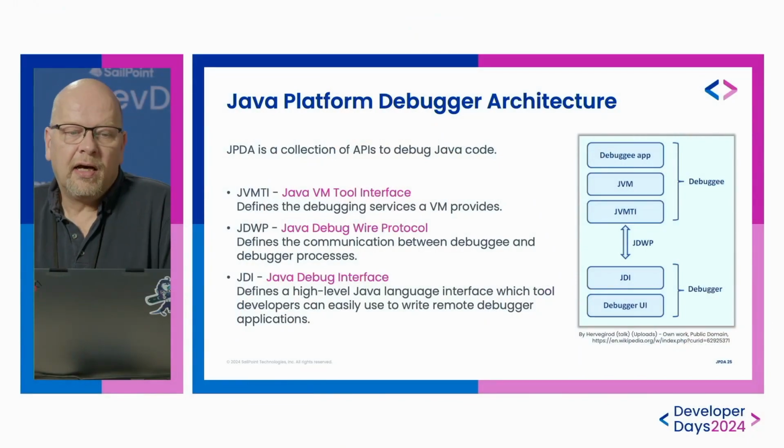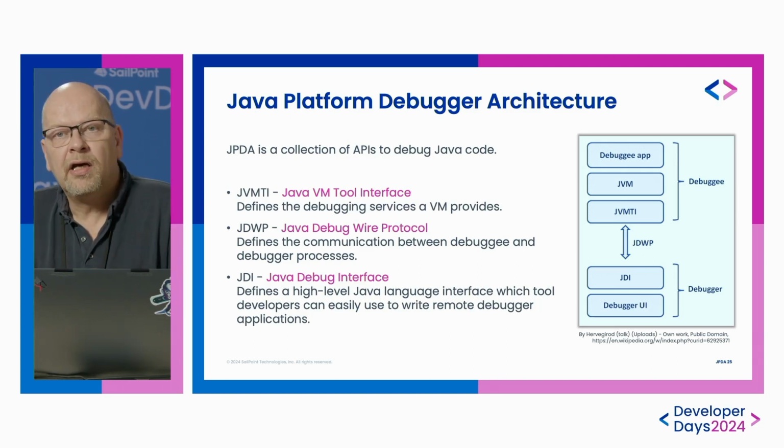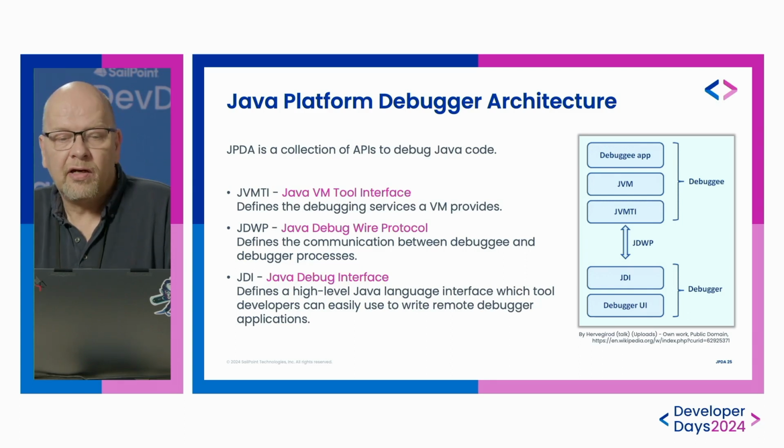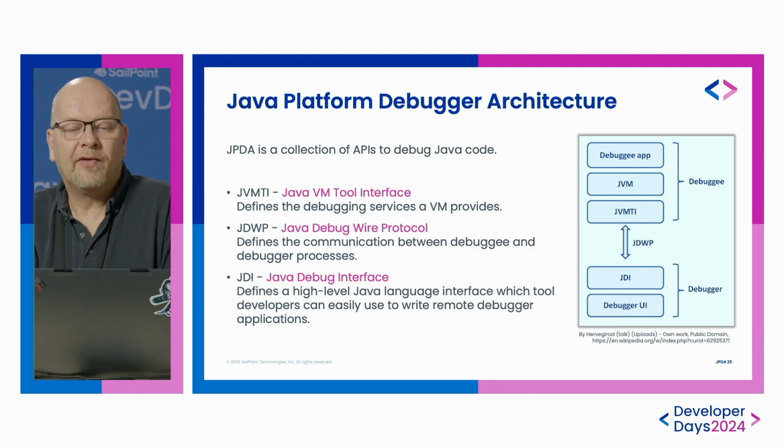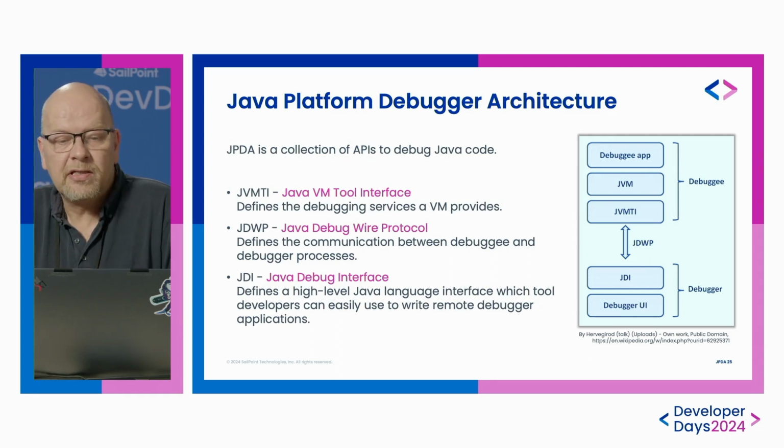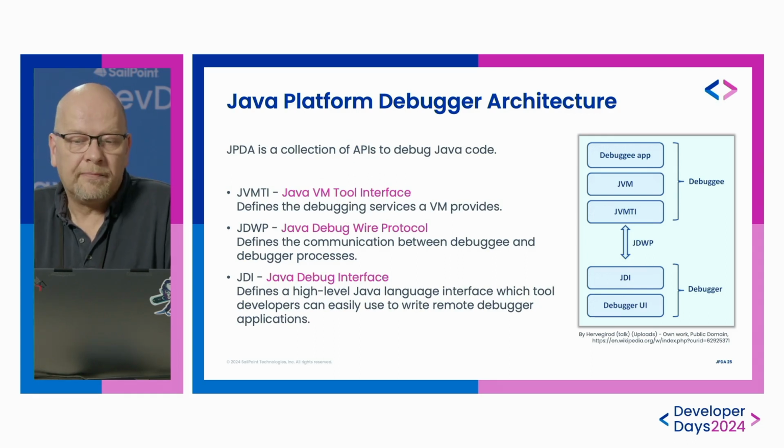You've got the runtime environment, and that runtime environment provides an interface, the Java VM Tool Interface, and you can connect to that tool interface using the JDWP, or Java Debug Wire Protocol, and have a debug interface to connect to it.